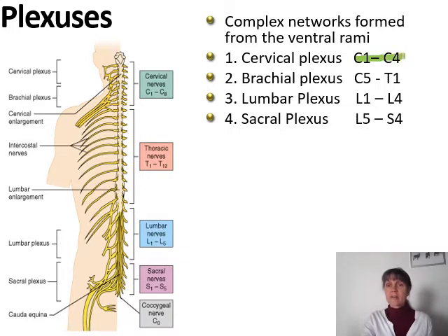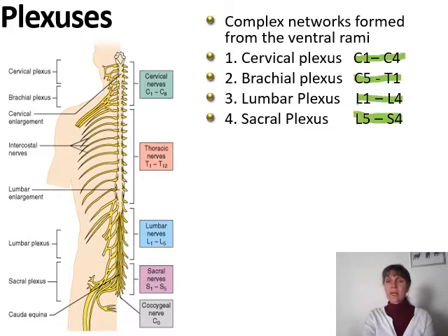The ventral rami from C5 to T1 form the brachial plexus. The ventral rami from L1 to L4 form the lumbar plexus, and the ventral rami from L5 to S4 form the sacral plexus.